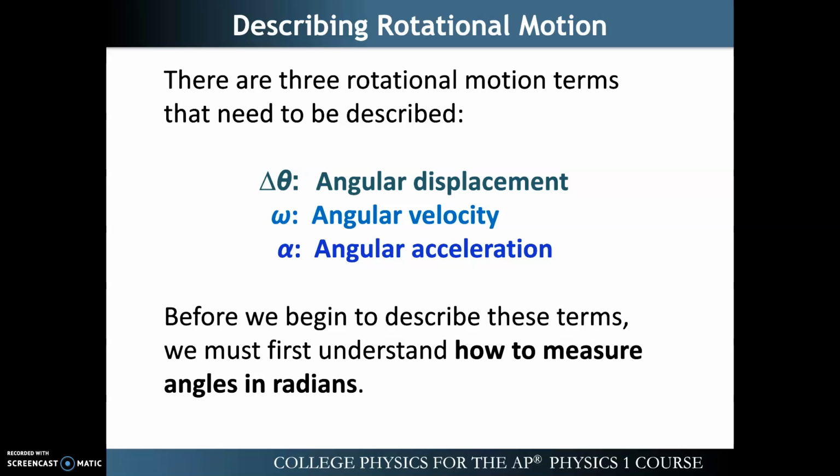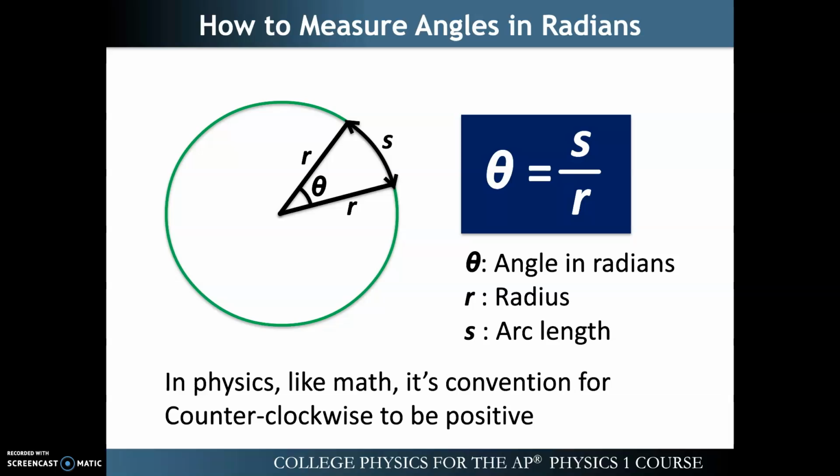But before we describe how we can use these terms, let's first talk about how we can measure angle in radians. You might already be familiar with this from math class. The definition of a radian is through this formula here.